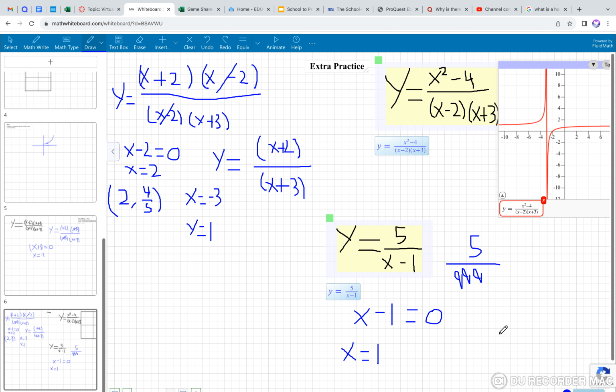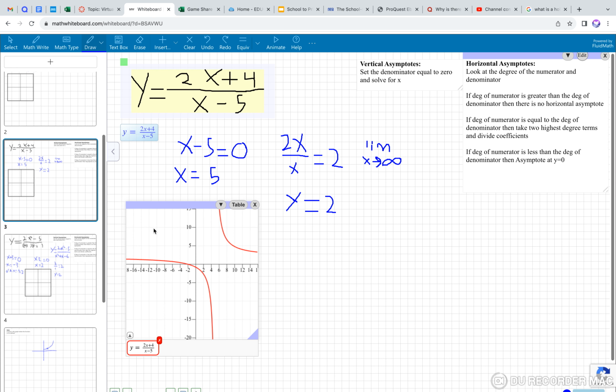The larger the bottom, or the denominator of a fraction gets, the smaller the value will be. So we can see here that there should be a horizontal asymptote at 0 when the degree of the numerator is less than the degree of the denominator. So there should be one at y equals 0.